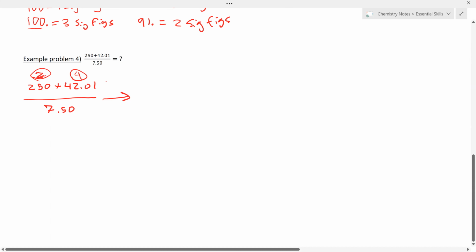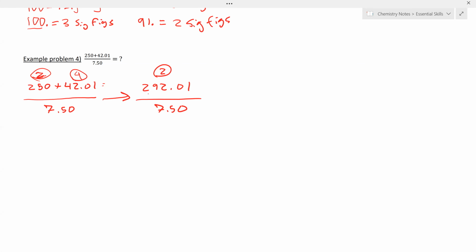The number we get when we add these two together is 292.01 over that 750. Remember, we were told to round to 2 sig figs. You can use scientific notation here to format this 292.01 to 2 sig figs by moving that decimal. But you haven't finished the equation yet.